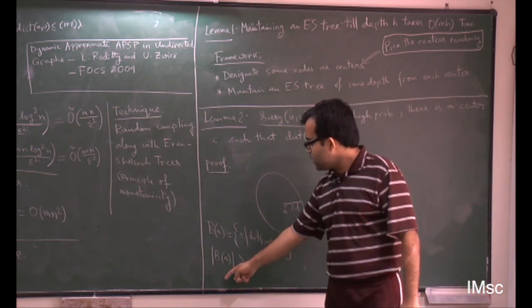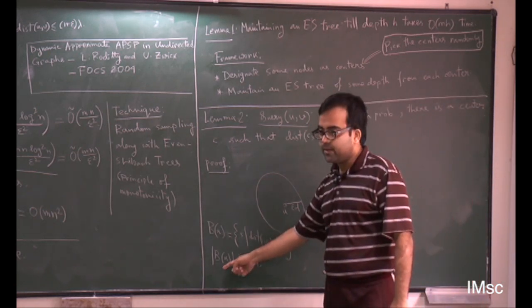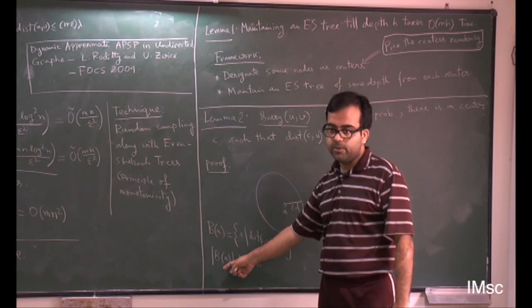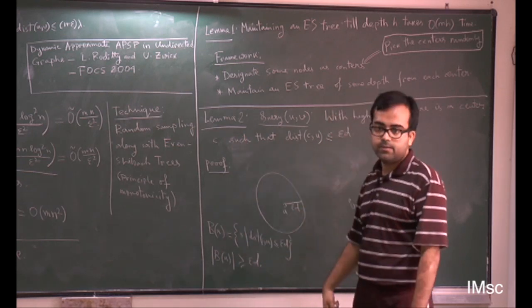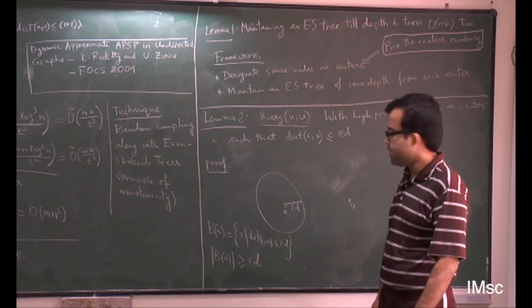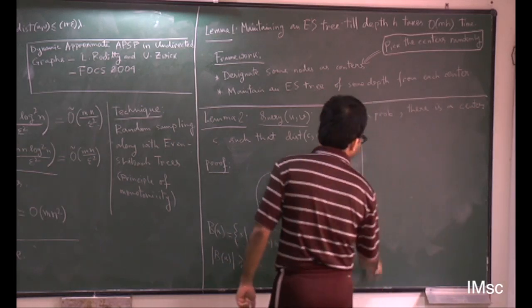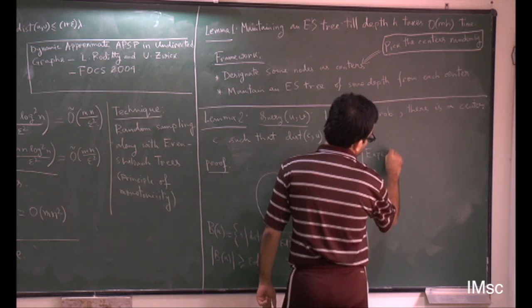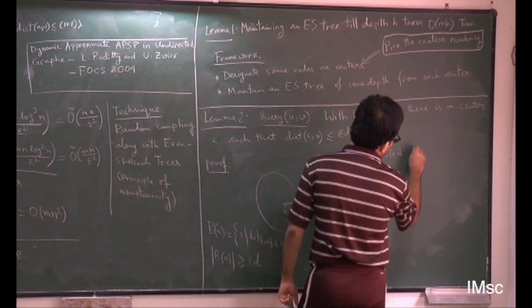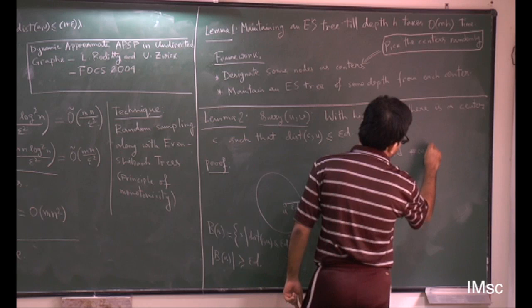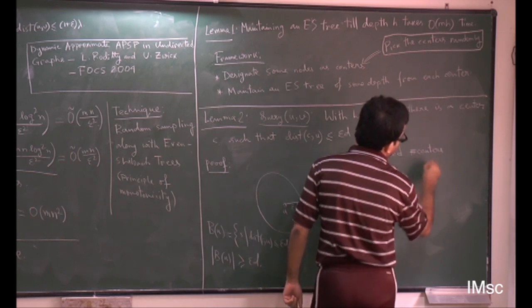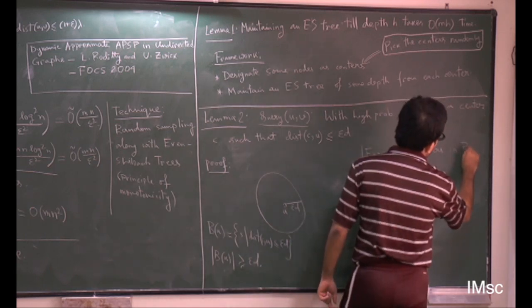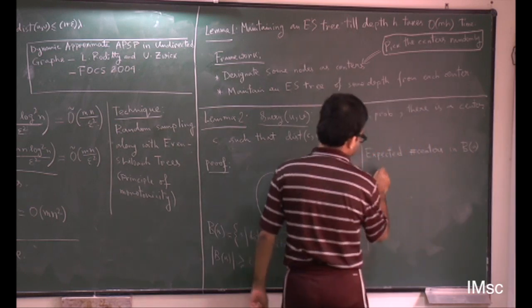Now, each node in this ball is picked as a center with probability C n log n over epsilon d. Is expected number of centers in this ball. What is this?